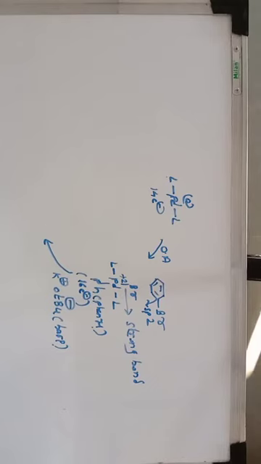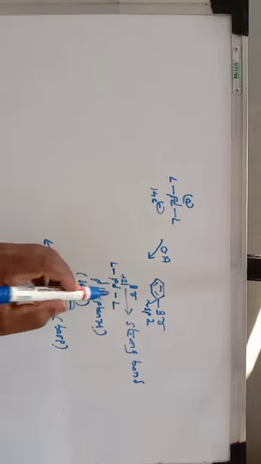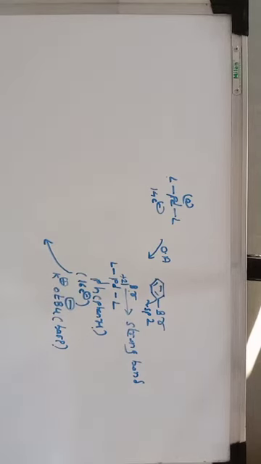The reaction is in the presence of palladium as a catalyst and base, that is potassium tertiary butoxide. Its role is very important, because this potassium tertiary butoxide can easily replace this bromine.